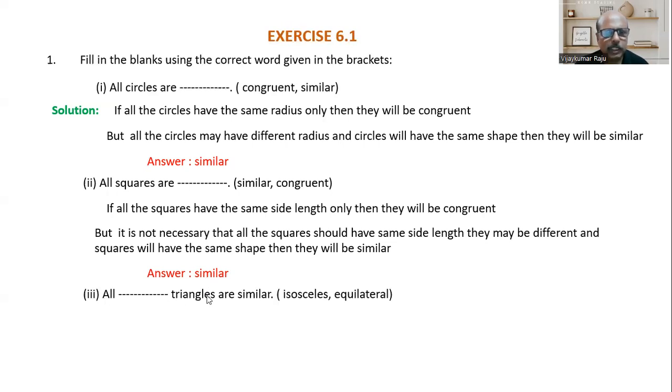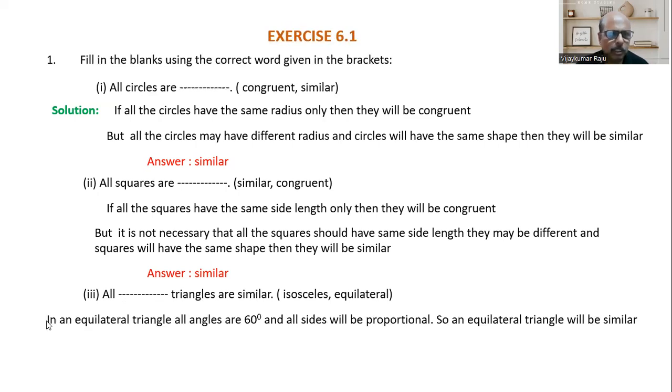Now the third bit. All dash triangles are similar. Isosceles or equilateral: are all isosceles triangles similar, or all equilateral triangles? Now let us see. In an equilateral triangle, all the angles are 60 degrees and all the sides are proportional.